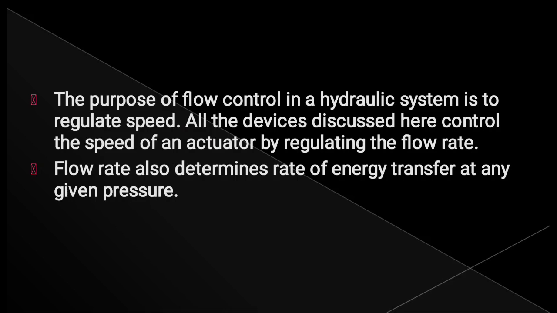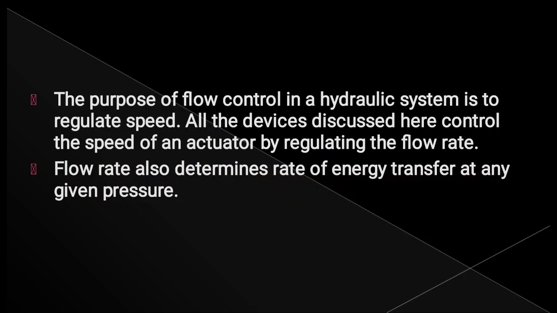All the devices discussed here control the speed of an actuator by regulating the flow rate. By that regulation, the speed of actuators can be controlled. That is the purpose of using flow control valves. Flow rate also determines the rate of energy transfer at any given pressure.